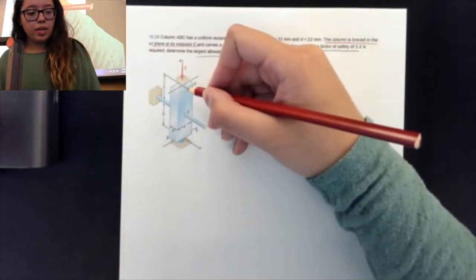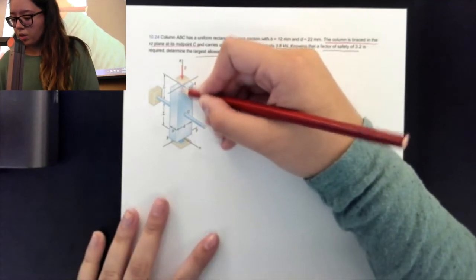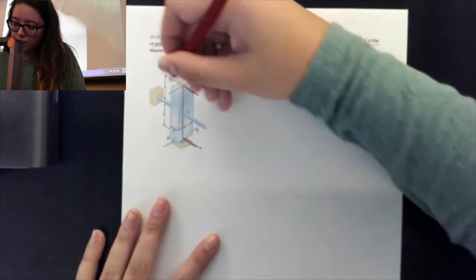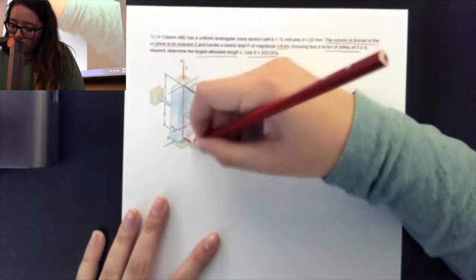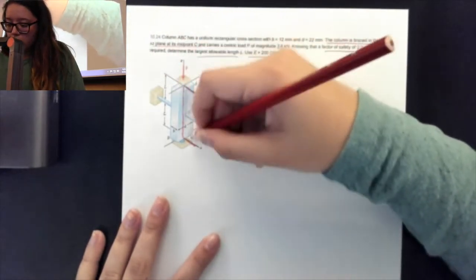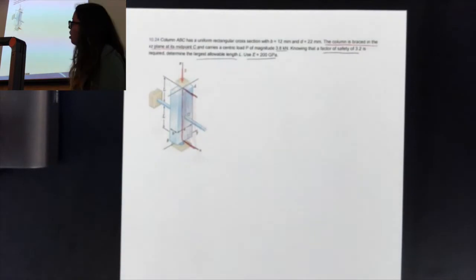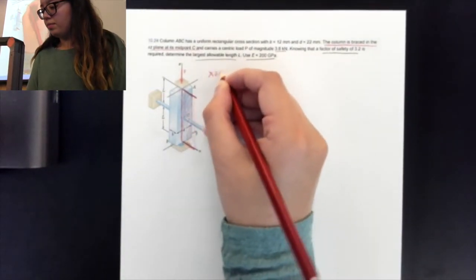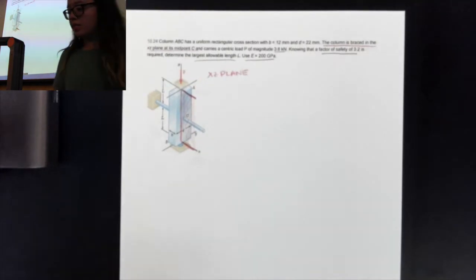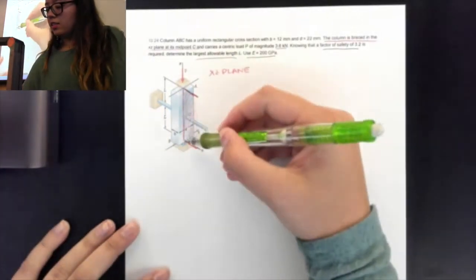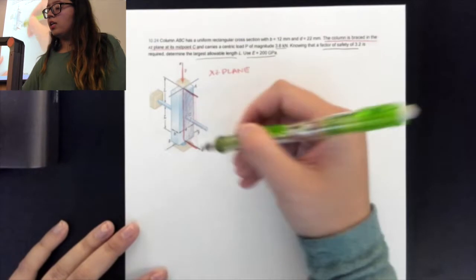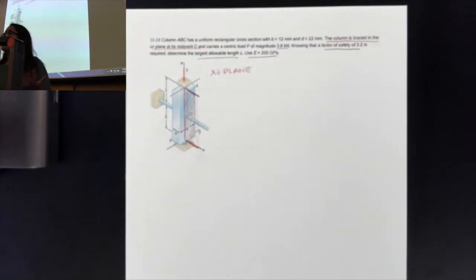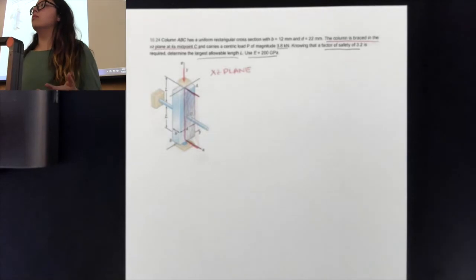So our XZ plane is going to be this one, all right? This is our XZ plane, okay? So in this direction, 3D, along that plane, that's our XZ plane. All right, and I know that because this is my x-axis, this is my z-axis. So this plane is in my xz coordinate area, okay? Does that make sense to everybody?